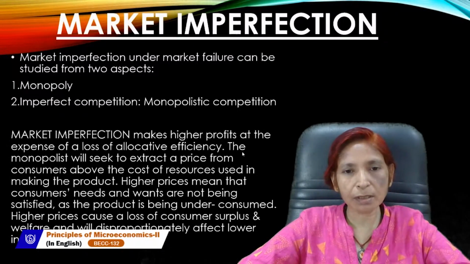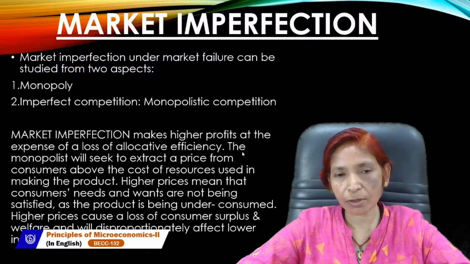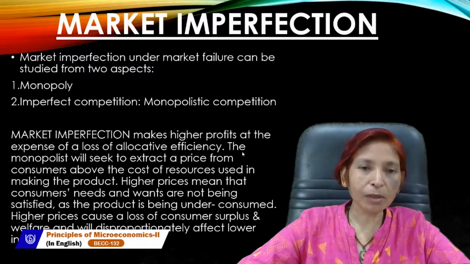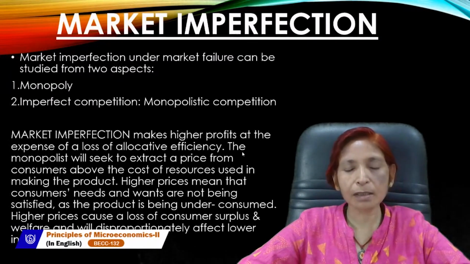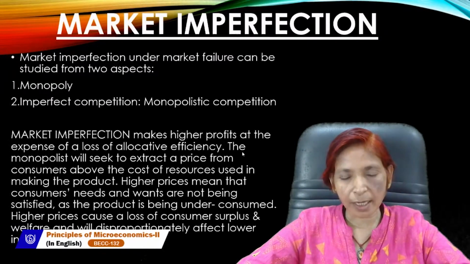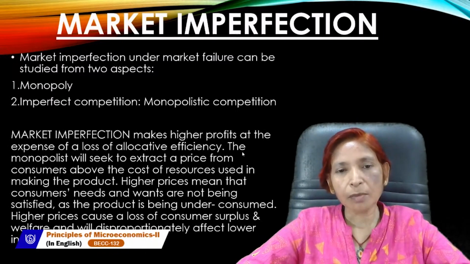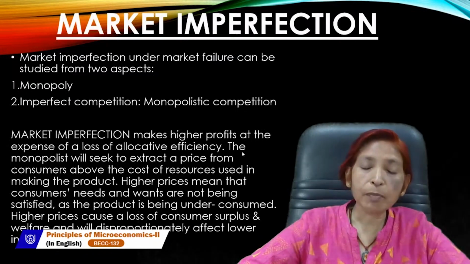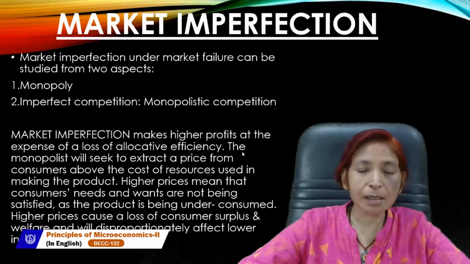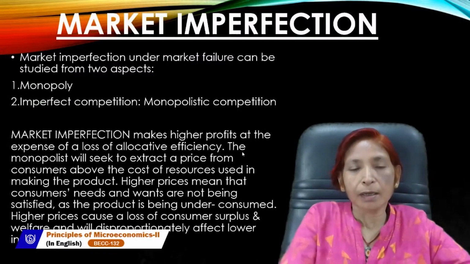To achieve this goal, the producer always fixes a higher price and lowers the output. Excess capacity always exists when the producer produces less but can produce more. His capacity is more, but the output is less than the ideal output.